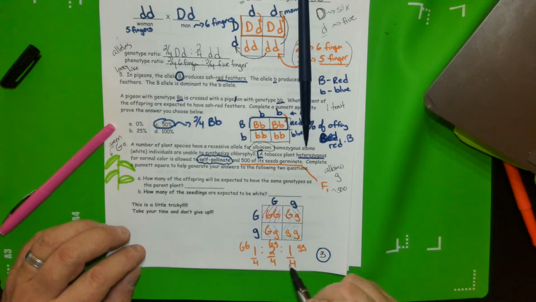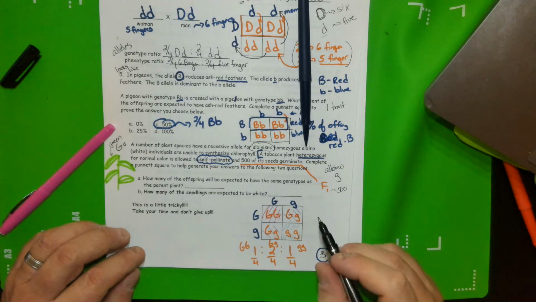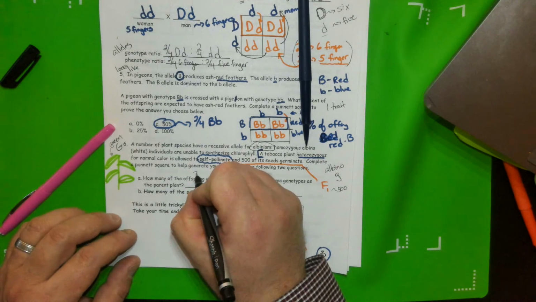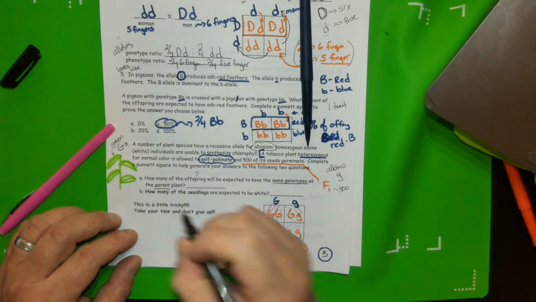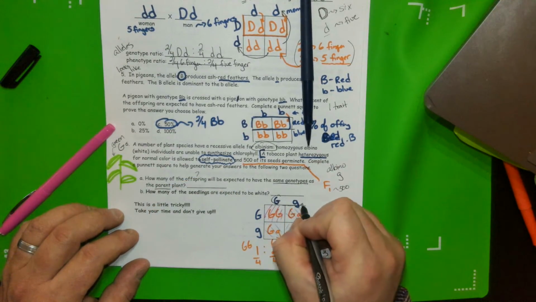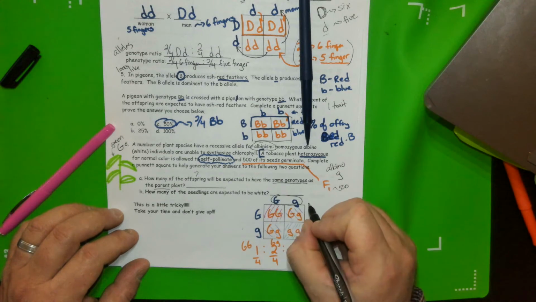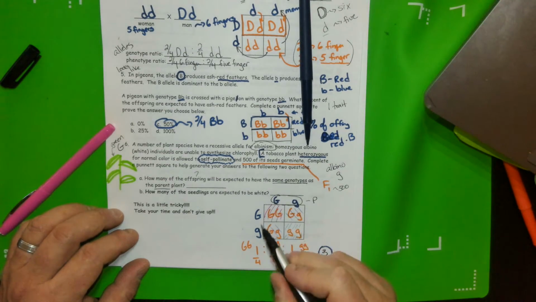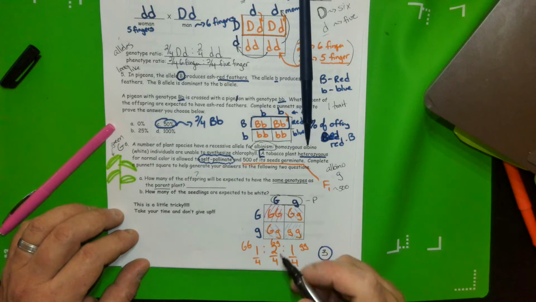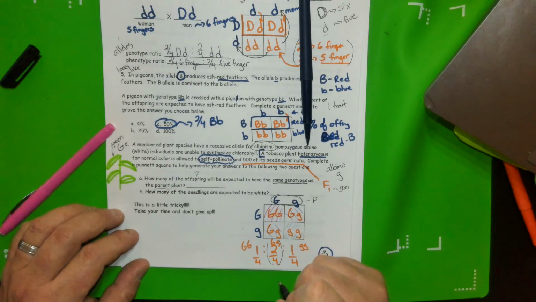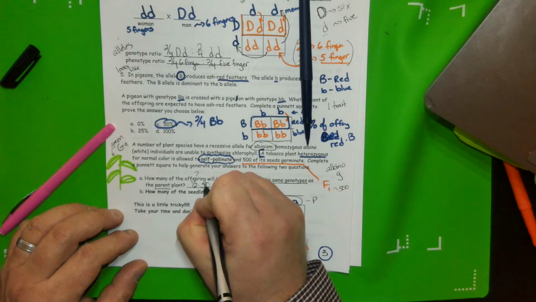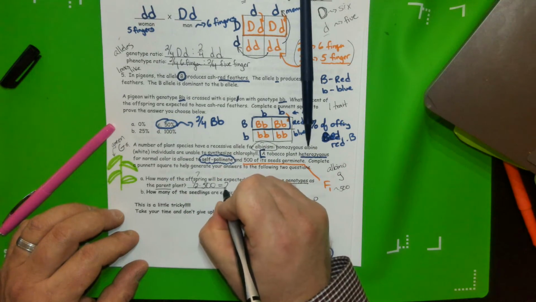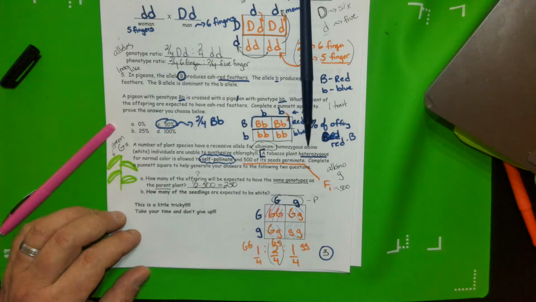And we now are going to use these fractions to calculate how many there would be. How many offspring would have the same genotype as the parent? Well, that's easy. The parent is heterozygous. Here's the parent. So do we see any of the same genotypes? Yeah, 2/4 or 1/2. So 1/2 times 500 is 250.